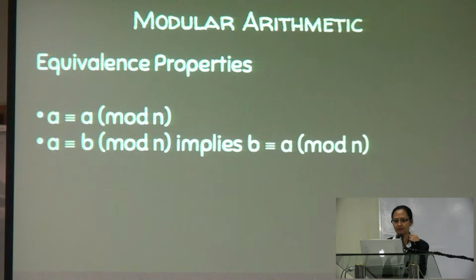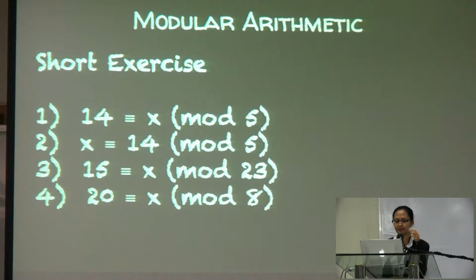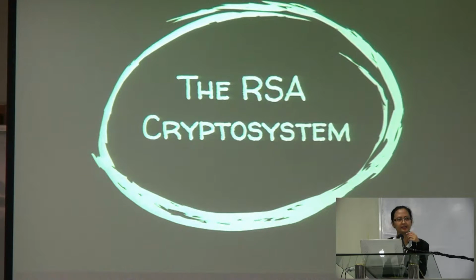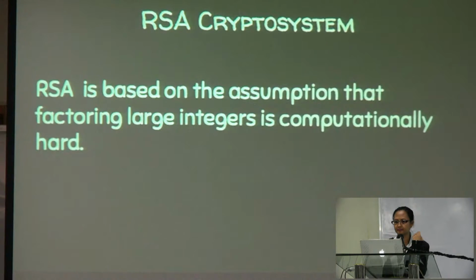Because my goal here is for me to be able to show the RSA cryptosystem. Okay, so here's a short exercise, and then there I introduce the RSA cryptosystem. But first, I will tell a story about the authors of the RSA cryptosystem. R for Rivest, S for Shamir, and A for Adleman.